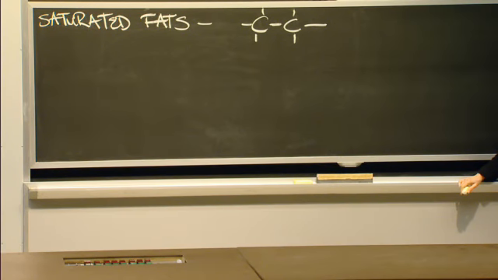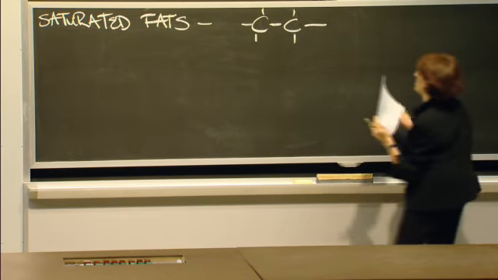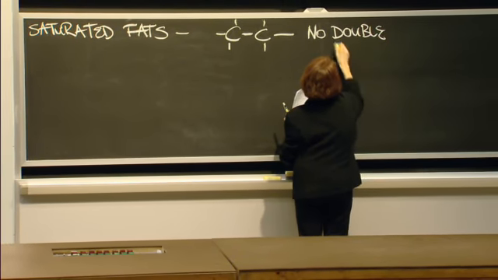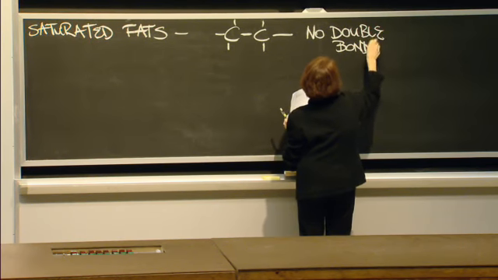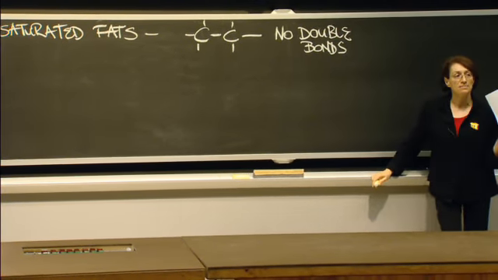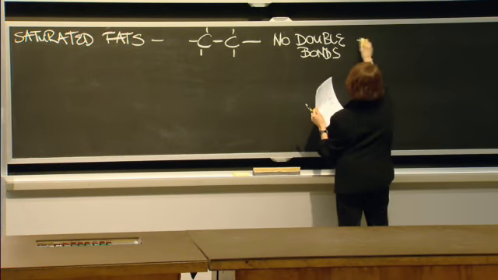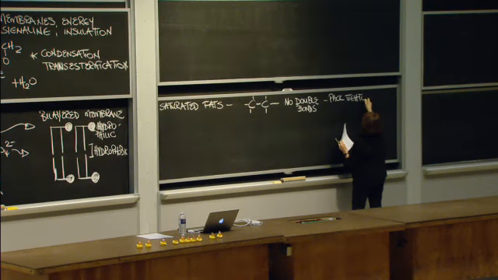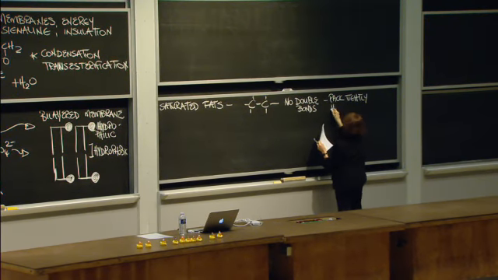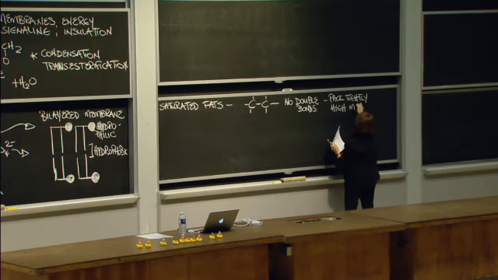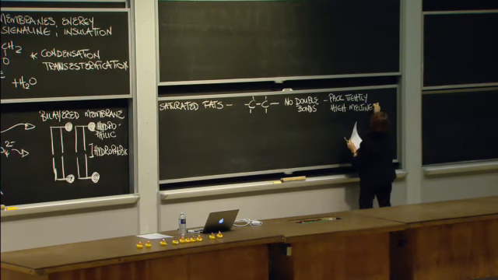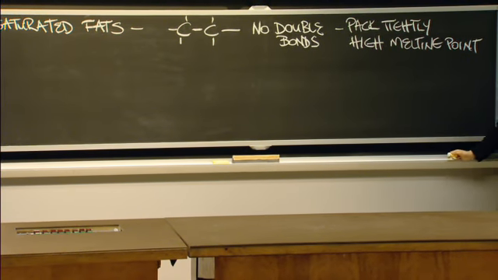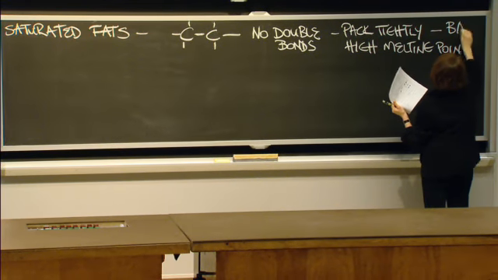In other words, there are no double bonds. Triglycerides with these types of chains tend to pack tightly. And this gives them chemical stability and confers on them a high melting point. So saturated fats are often solid. And these are bad for you.